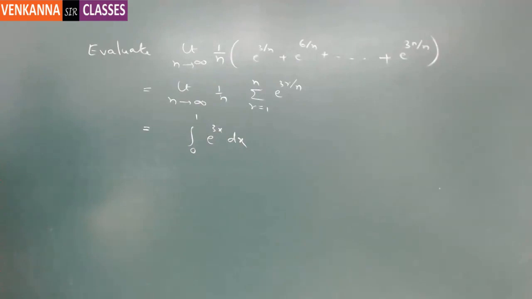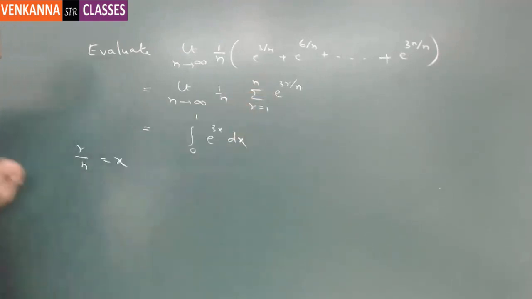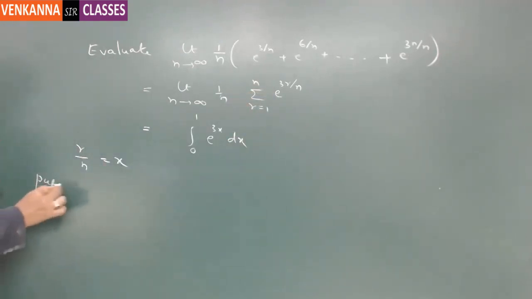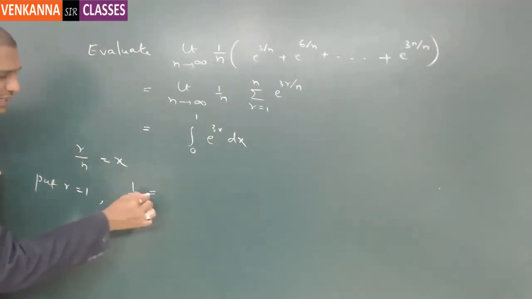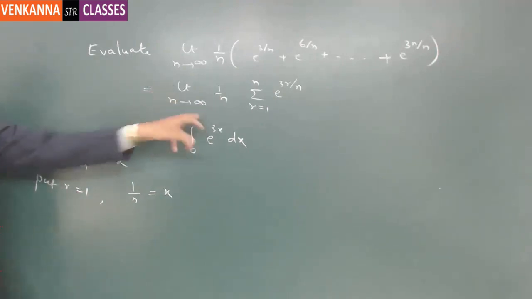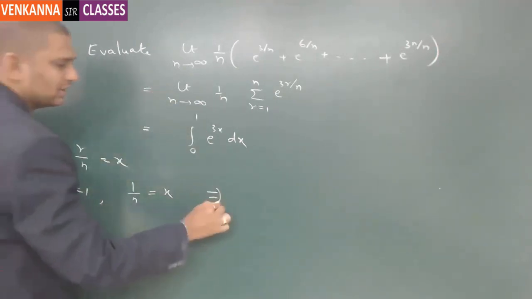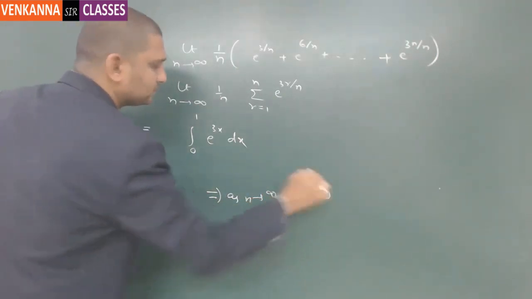So if you have a doubt how limit and sigma will be taken as integral 0 to 1, since you are taking r by n is equal to x, here r assumes the values from 1 to n. If you put r is equal to 1, then you have 1 by n is equal to x. Since you are taking limit n tends to infinity, therefore as n tends to infinity, x tends to 0.